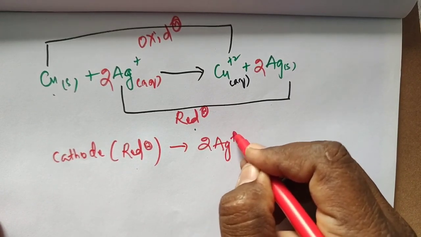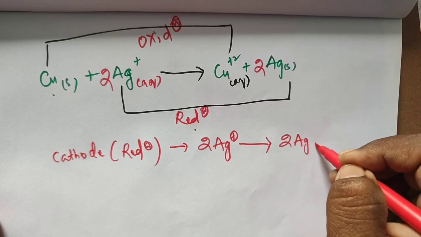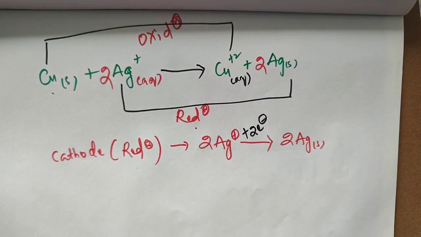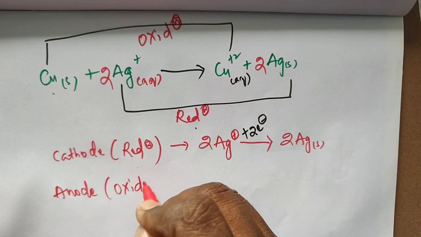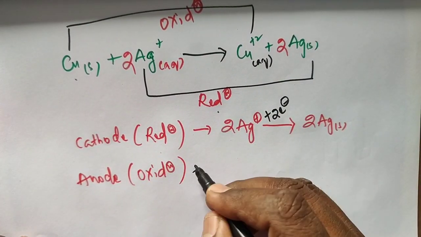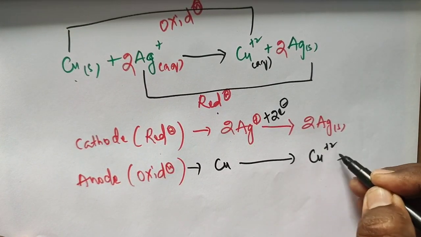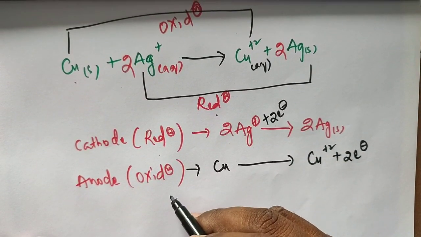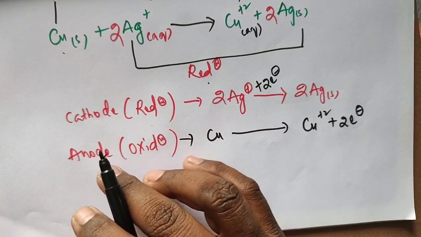Reduction: 2 Ag plus gives rise to 2 Ag solid by gaining 2 electrons. And at the anode, oxidation takes place: Cu is converted to Cu plus 2 plus 2 electrons. This is oxidation at the anode.